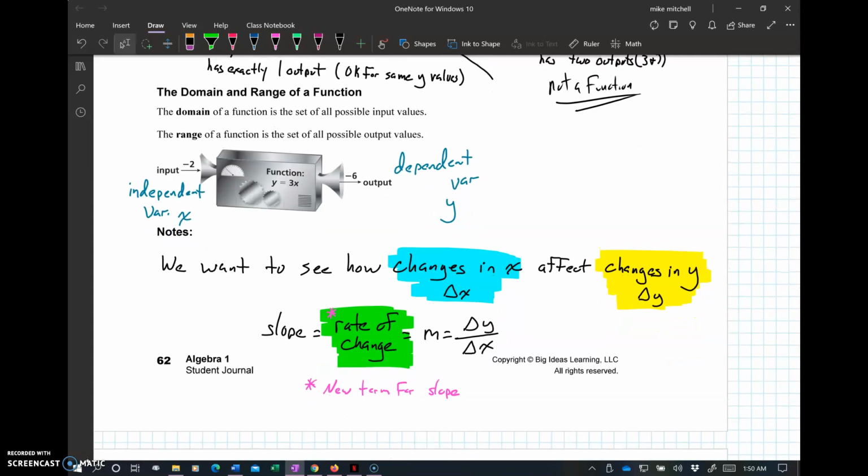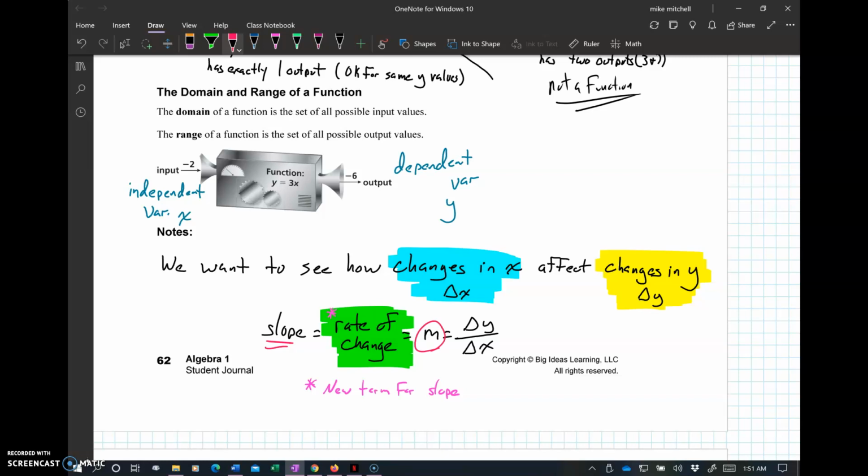We want to see how changes in x affect changes in y. Changes: delta x, delta y. The delta, or the triangle, that's the Greek letter D, stands for change. Now, you've heard this word most of your life, slope. New term coming into play is rate of change. M is the letter that stands for slope.